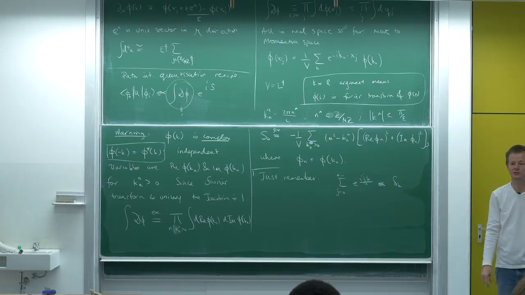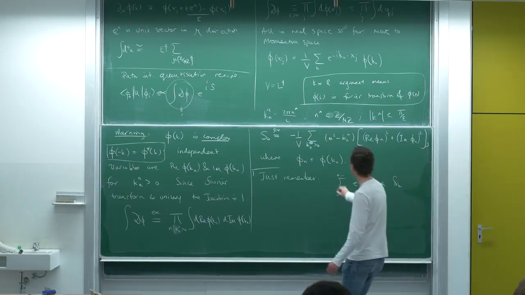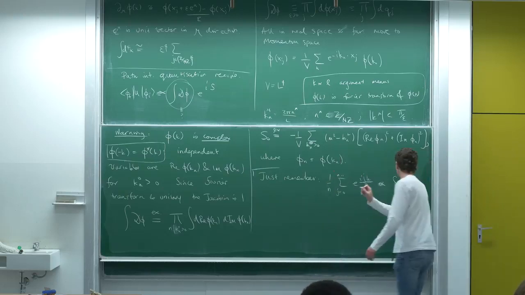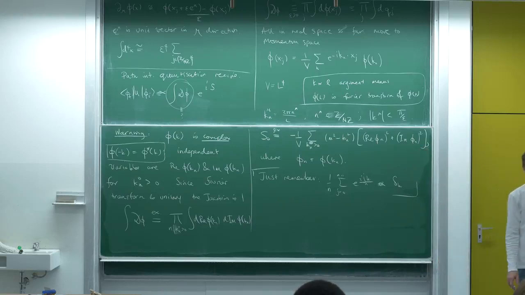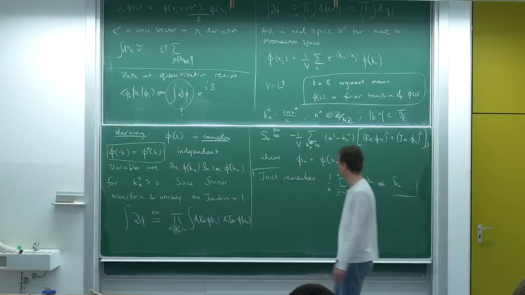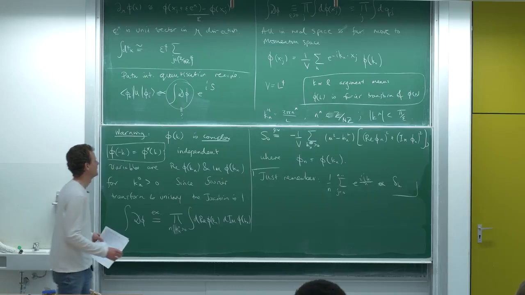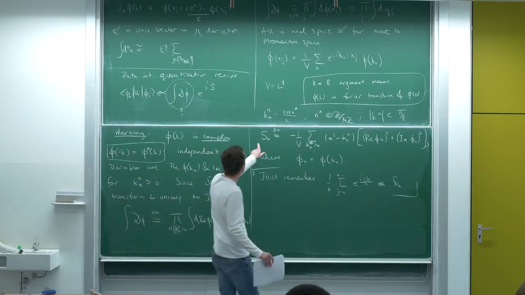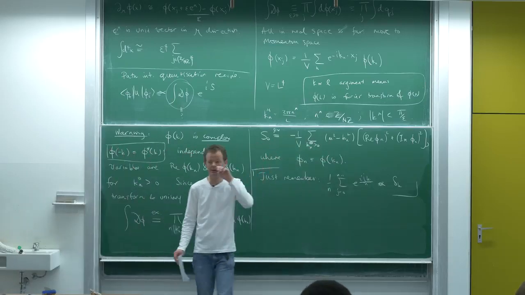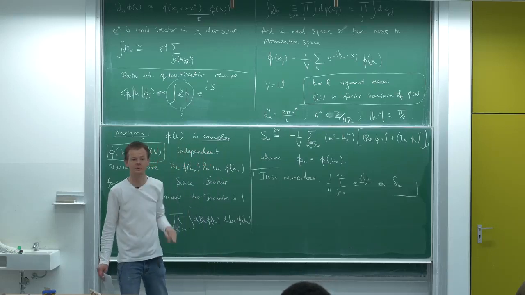That's the only thing you really need to remember to do this calculation. I think that's correct. Yeah, that's right. That's all you need to know, and then you'll be able to confirm that the action has this particular form there.